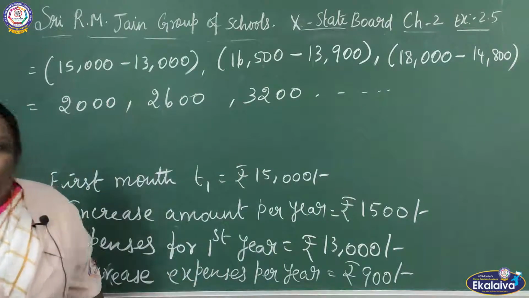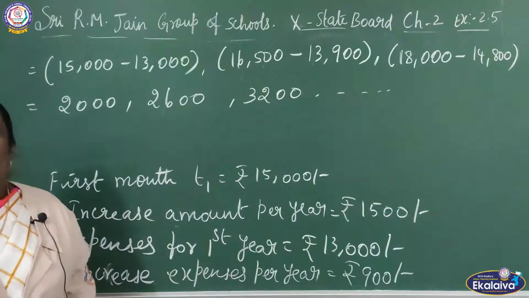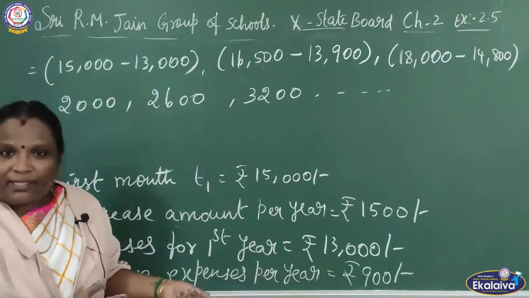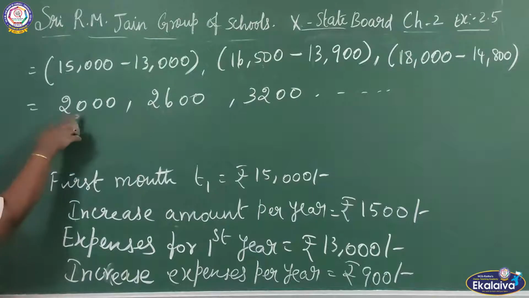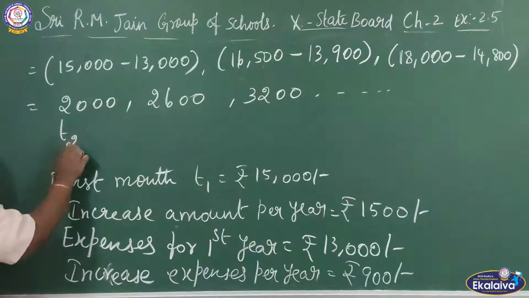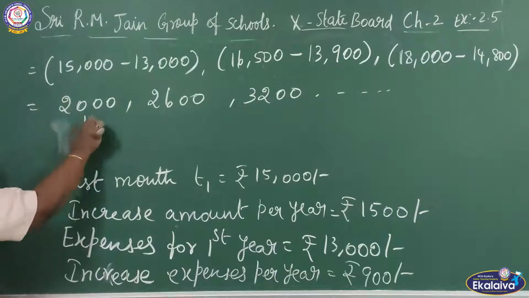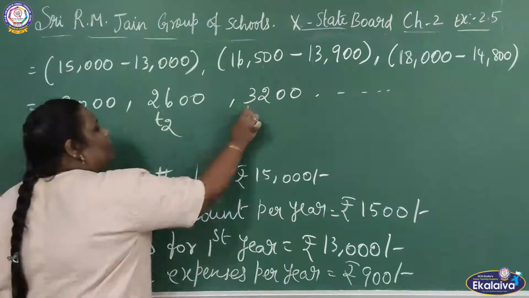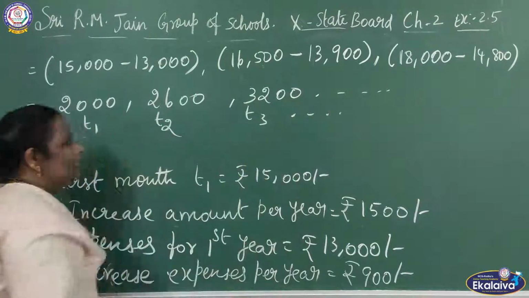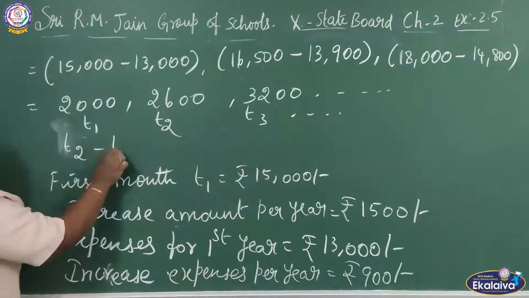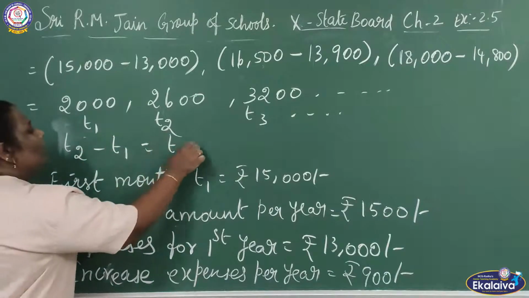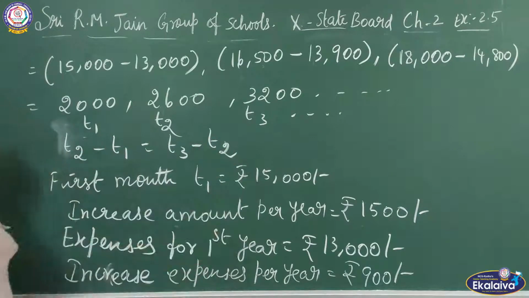Yearly increment, that is the increased amount, is 1,500. Yearly expenses also increased by 900. See here, this is T1, T2, T3. You know very well what that is. Because the differences are the same in AP, T2 minus T1 equal to T3 minus T2.